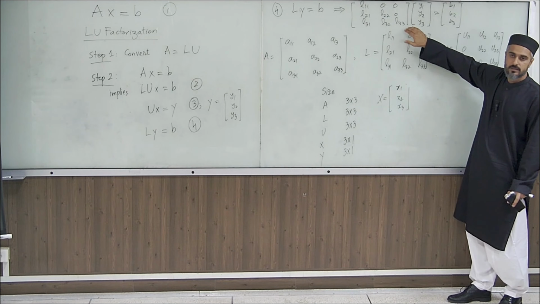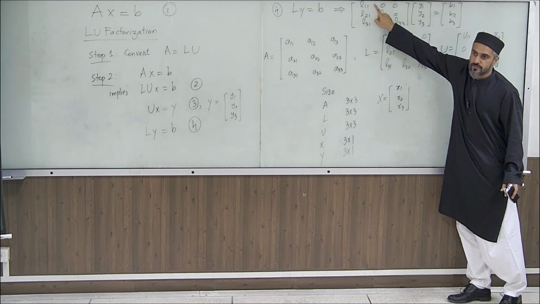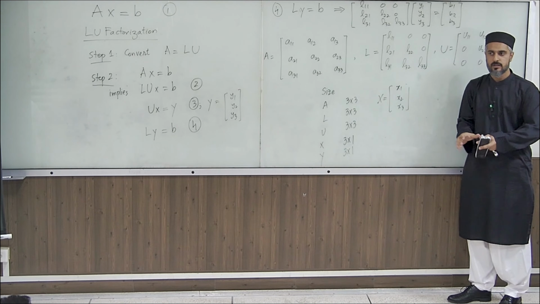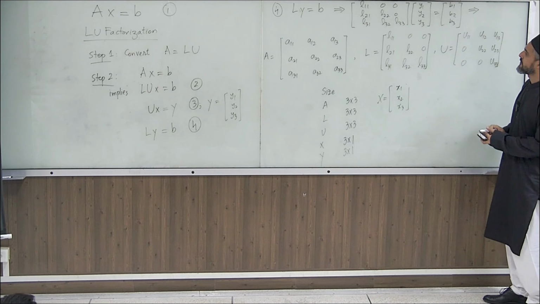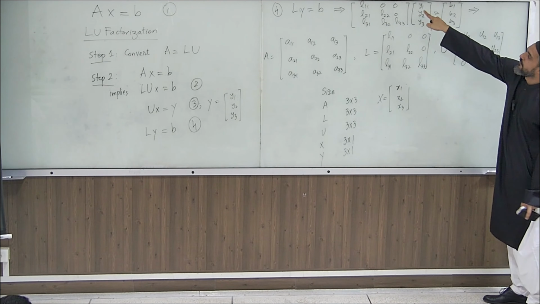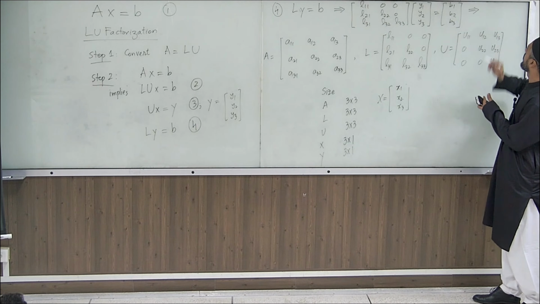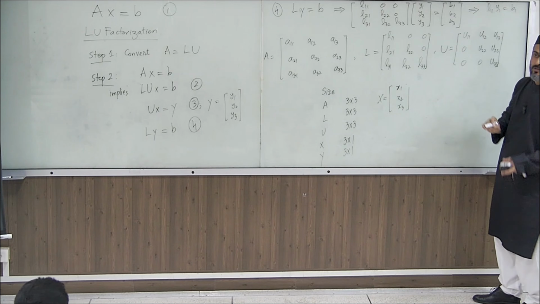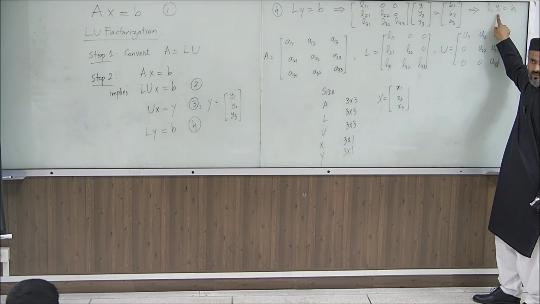Can we do that? So if I write the first equation from here, I'm just going back to the equation form. So what is the first equation, by the way? The first equation is L11 into y1 equals b1. You'll be able to find the value of y1 from here.